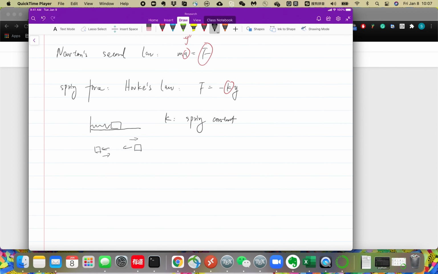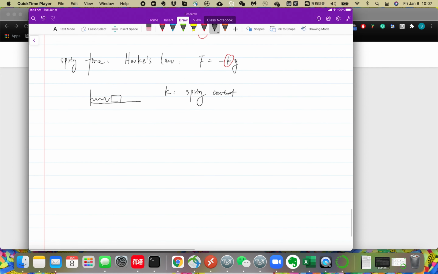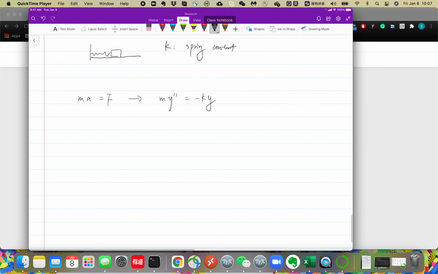So the negative sign is to tell you the direction of the force is in the opposite direction of your displacement. All right. So if we set down everything, ma equals F, then change to m y prime prime equals negative k y. Well, if we change it a little bit, it's going to be y prime prime equals negative k over m times y, where k over m is nothing but a constant.